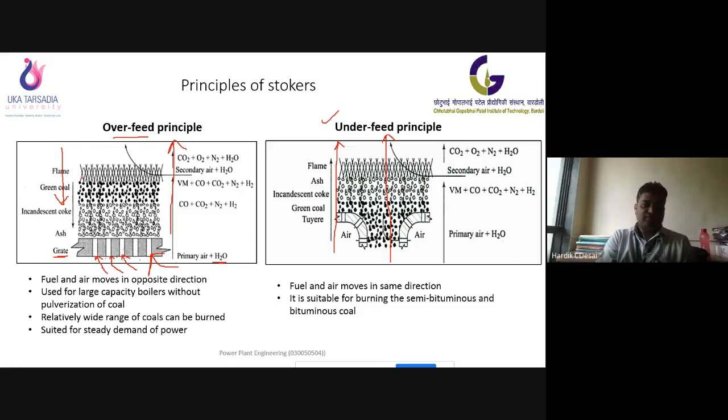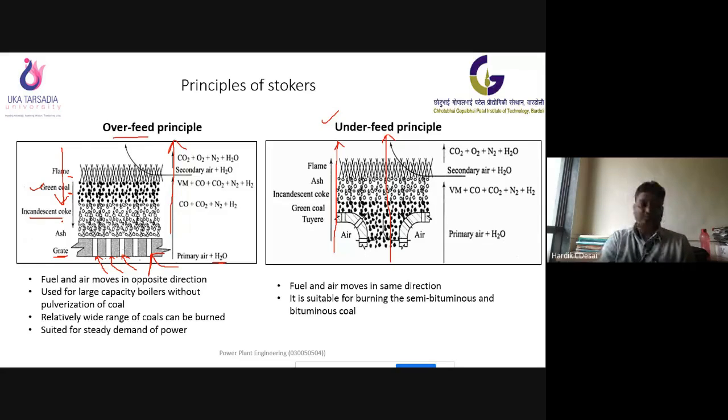Now this is your flame. This is the green coal, meaning raw coal. Then this is called incandescent coal, that means illuminated coke. After burning, it will be converted into ash.